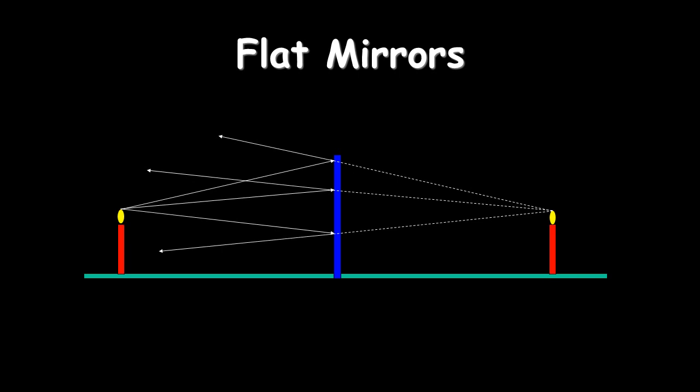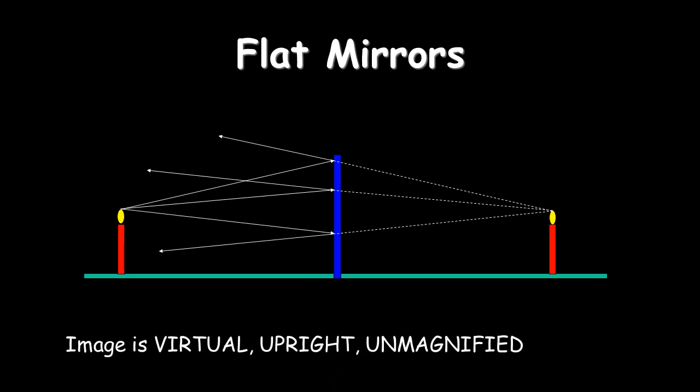Now, if we extend those reflected light rays behind the plane mirror, they will meet at a point where we can draw another object, which is not actually an object, it is the image. The distance between the candle and the plane mirror will always be equal to the distance between the image of the candle and the plane mirror.